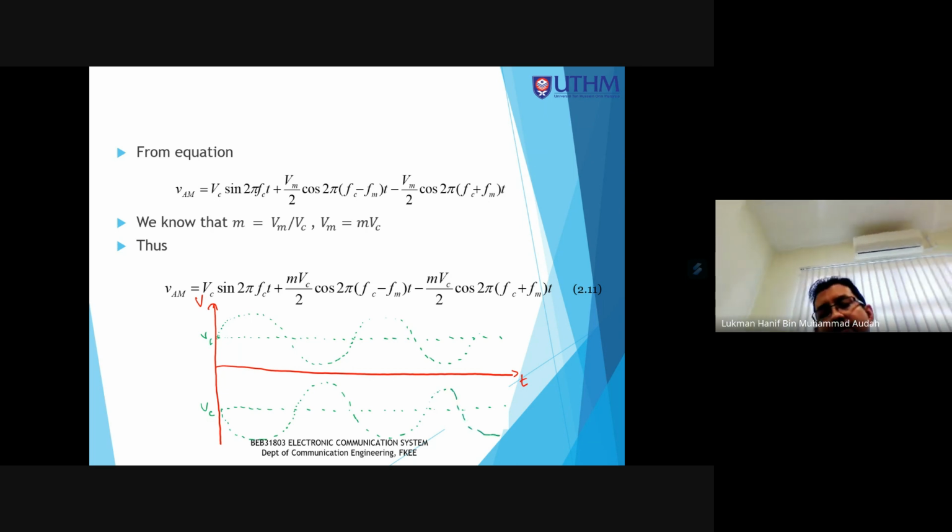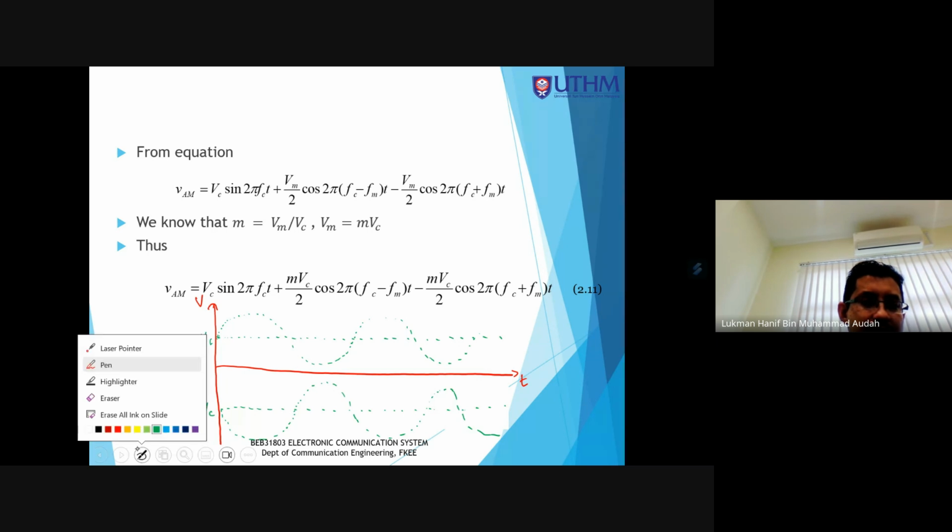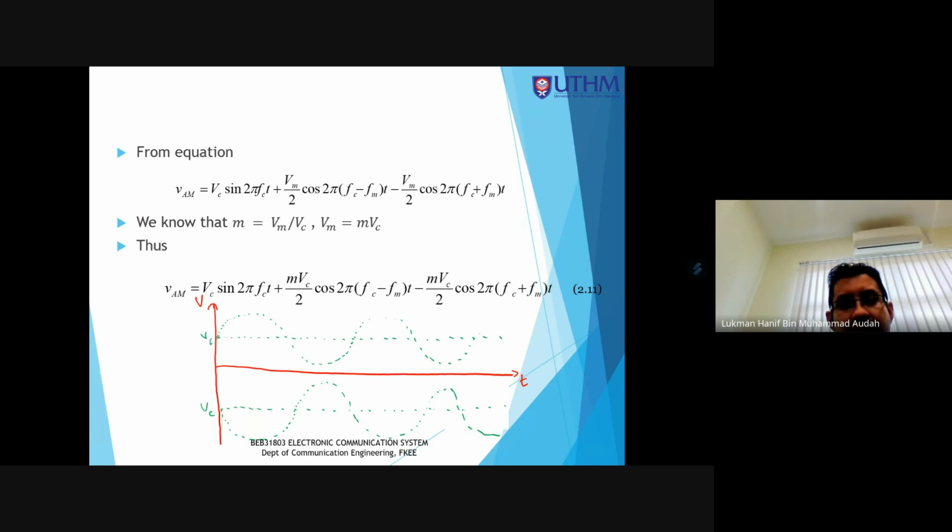After I do this, then I can draw the signal. Let's say I use a black color. When I draw the signal, I draw like this. You see that I don't use any ruler.